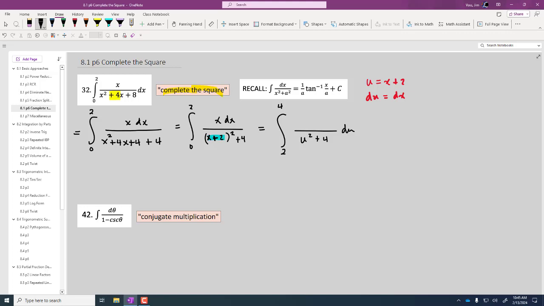But what about that x in the numerator? If we look up here, this equation tells us how u and x are related. We could just as easily isolate x as u minus 2 and replace the numerator x with u minus 2.